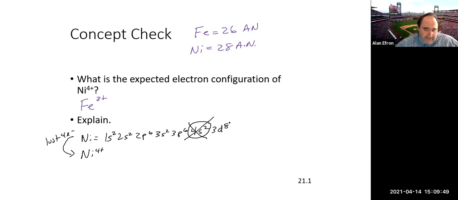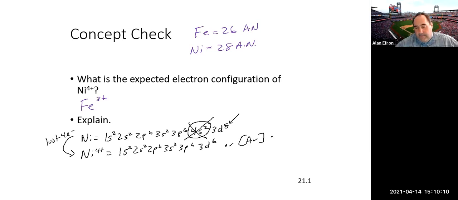We then need to go into our next highest electrons, which would be the 3d, and dig out 2, leaving us 1s2, 2s2, 2p6, 3s2, 3p6, and 3d6 at that point. Or, of course, you could do argon 3d6 if you like. Question on that particular one there.